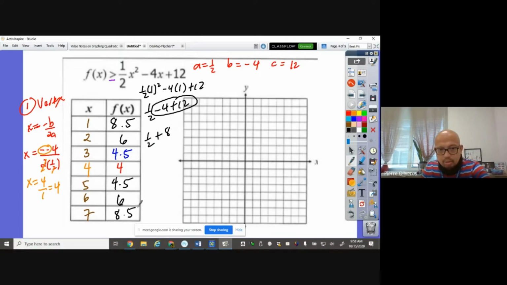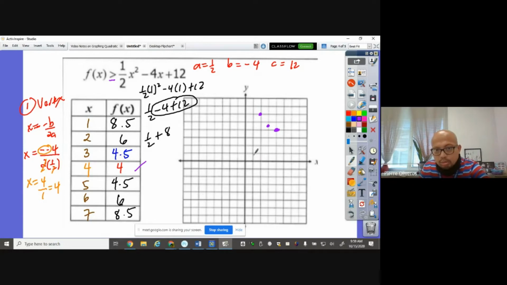8.5 here. We plot the points, the vertex first, 4, 4. 1, 2, 3, 4. 1, 2, 3, 4. That's the vertex. And 3, comma 4.5. This is 3, 4.5, half of that one. 2 is 6, so 4, 5, 6.